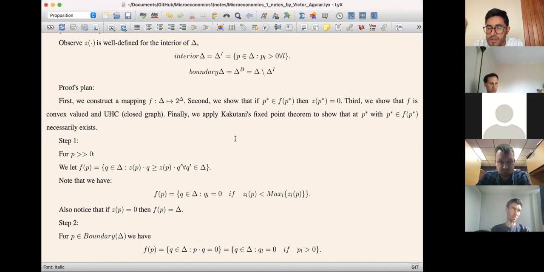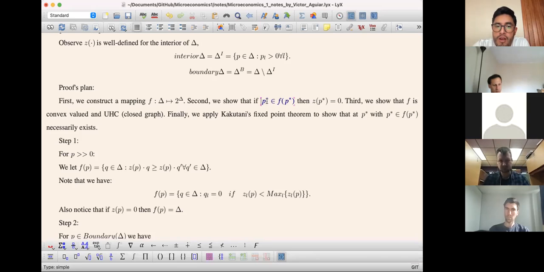Remember that I told you what a fixed point is. A fixed point with a function is super easy. Take the mapping F and evaluate it at X star. It gives you X star. X star is a fixed point. With correspondences it is analogous. We have a fixed point if P star belongs to F of P star.